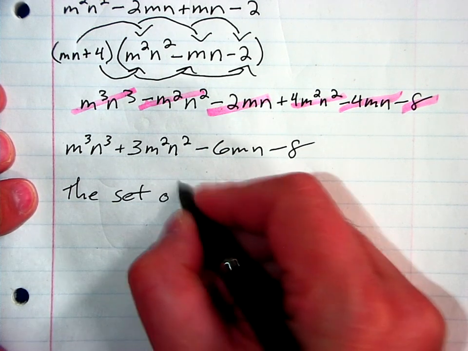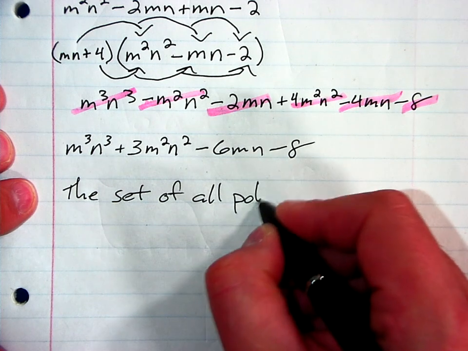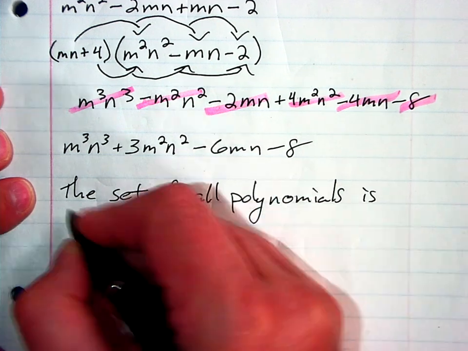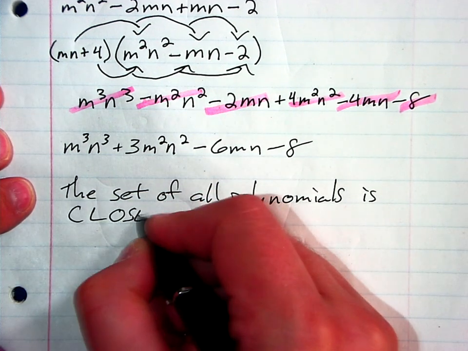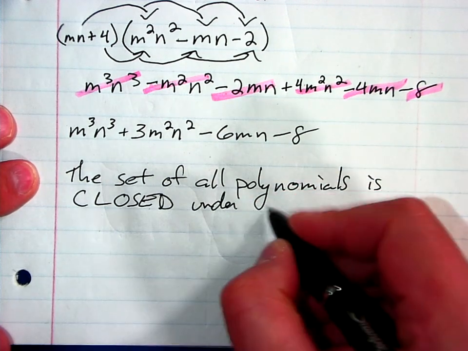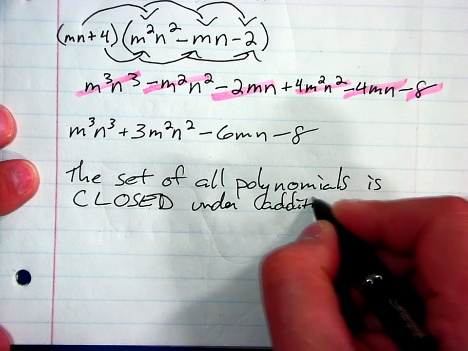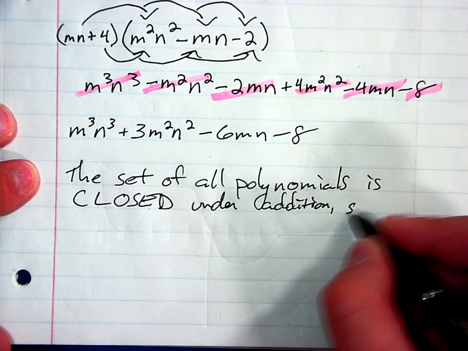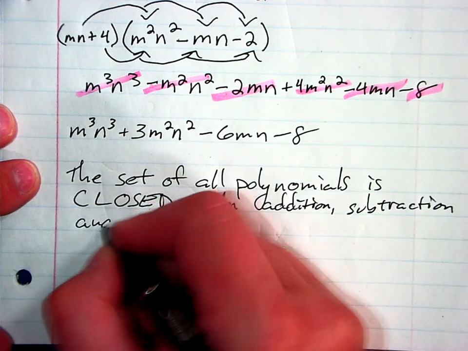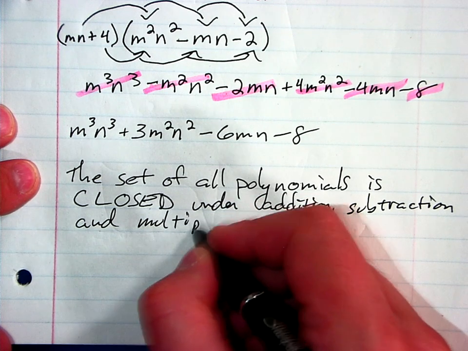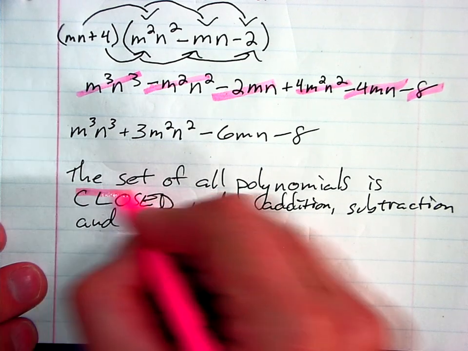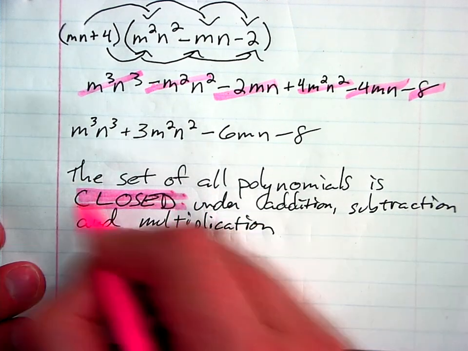The set of all polynomials is closed, and I'll explain what that means in a minute, under addition, subtraction, and multiplication. And for you good avid students out there, I'm going to highlight closed because that's important.